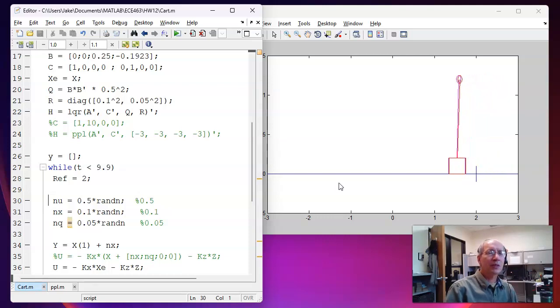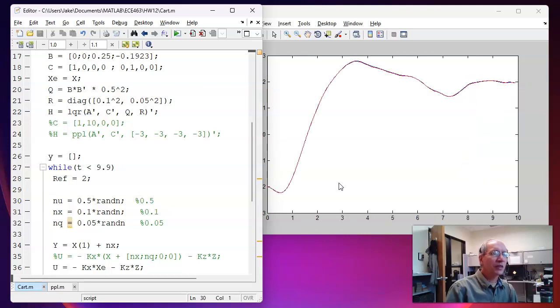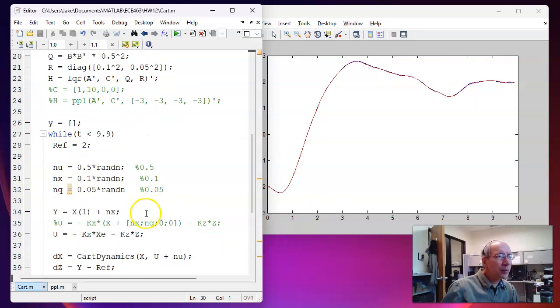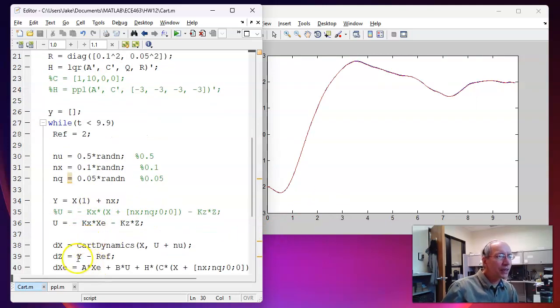With better estimates, I get a much better behaved control law. It's still being jostled around. I still have velocity and angular velocity being estimated by the observer. Bounces it around some. In addition, a problem I have is my servo compensator right here. I am using the estimated position, or rather the measured position, that has noise on it.